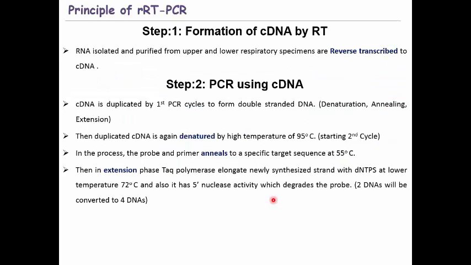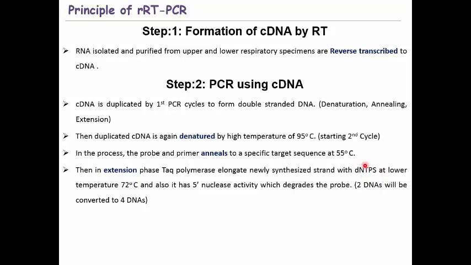Then the third stage is the extension phase. In our body, extension will be carried out by the DNA polymerase or the RNA polymerase. When we talk about in vitro testing, that work will be carried out by the Taq polymerase, which is thermoresistant, and which elongates the newly synthesized strand with the help of dNTPs, which are present in the master mix.